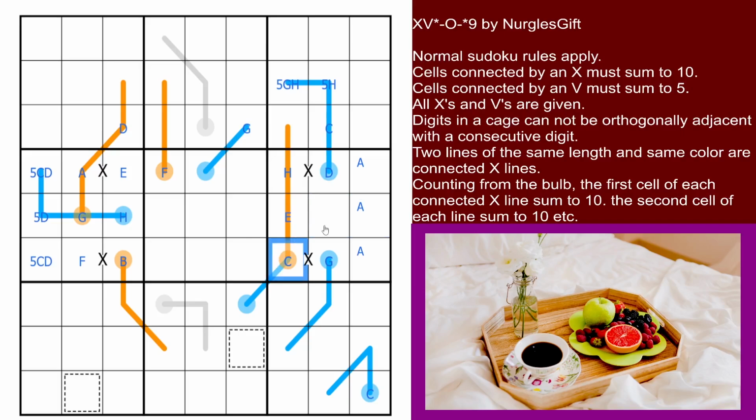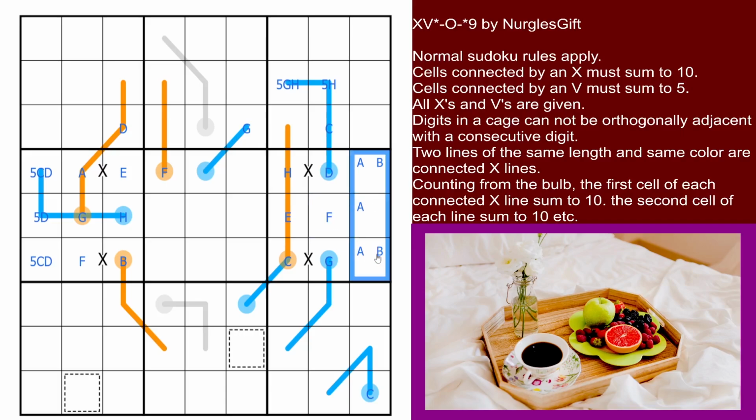C, D, H, B, F, right? F is here, so F and F, so F has to be here. So B cannot be here, because if B is anywhere, it will be a neighbor of F, which we cannot allow because we have BF here. So that means B has to be here. And if B is here, this cannot be F now, because wherever B is, F will be near to that. So that's it.